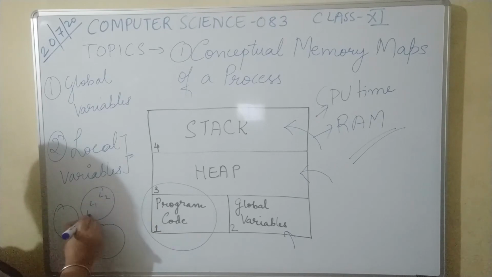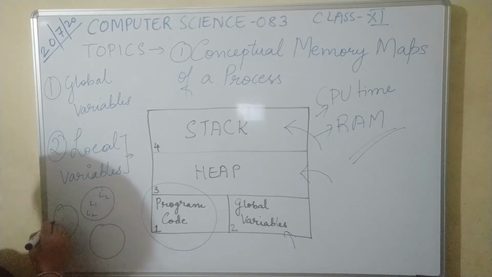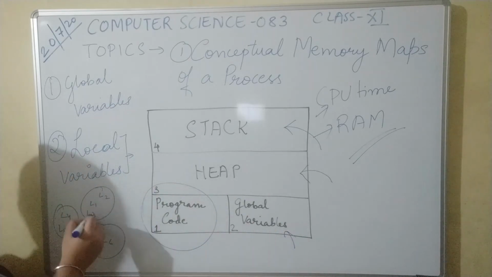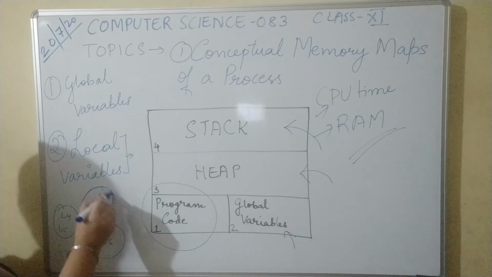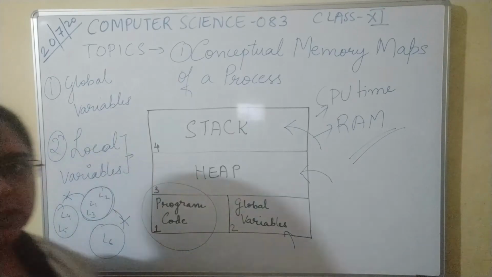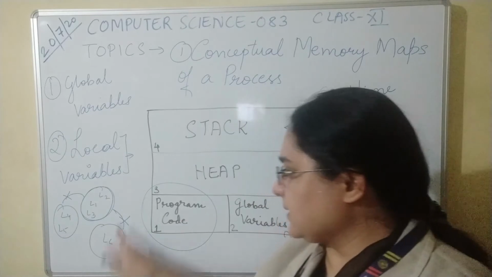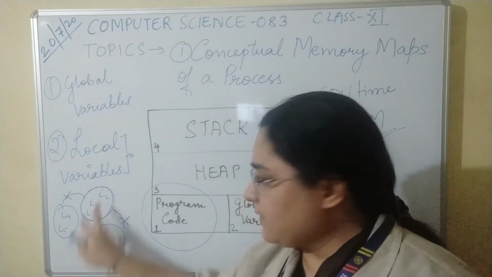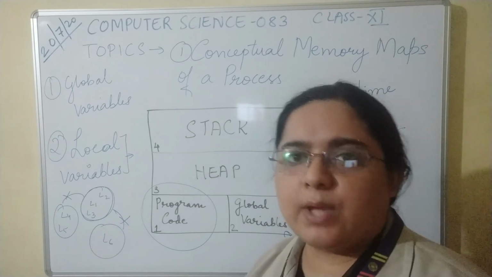I am representing these local variables by L1, L2, L3. So L1, L2, L3 can be used only within this area. They cannot be used within these areas. Similarly, L6 cannot be used within these two areas, and L4 and L5 cannot be used within these two areas.